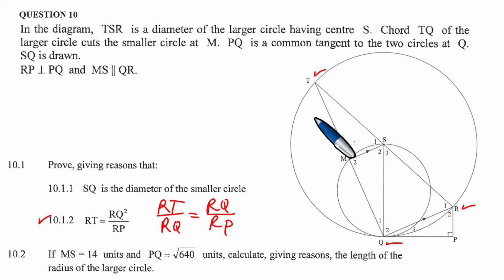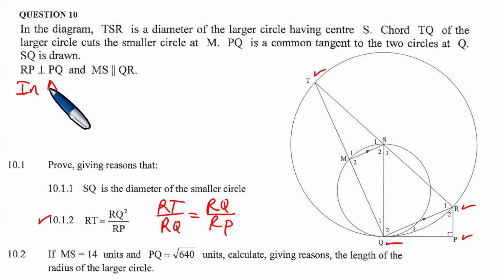So now this RT, RQ appears to describe a triangle, and we're going to state that one explicitly. But also there is RQ and also the RP. So it also describes the triangle RQP there. So to prove this one, we're going to tell the examiner, and this is how we write the answer in the exam.